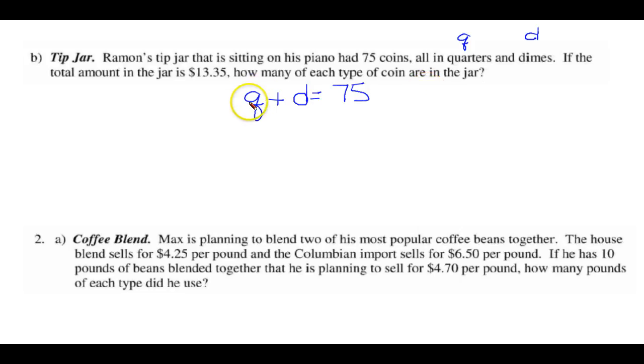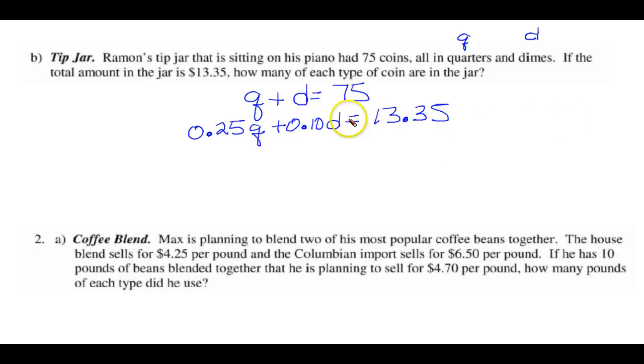Now, what's the value of quarters? Well, 25 cents. What's the value of each dime? 10 cents. And altogether the value was 1335.